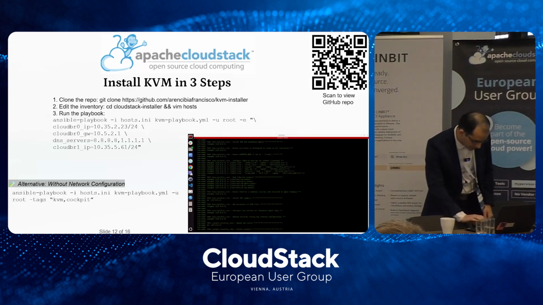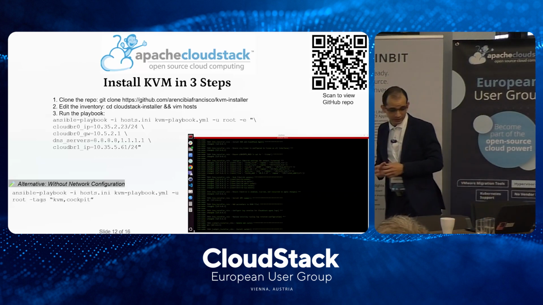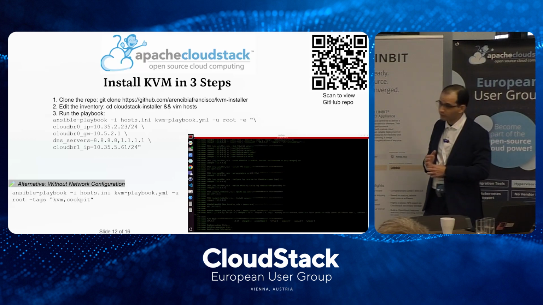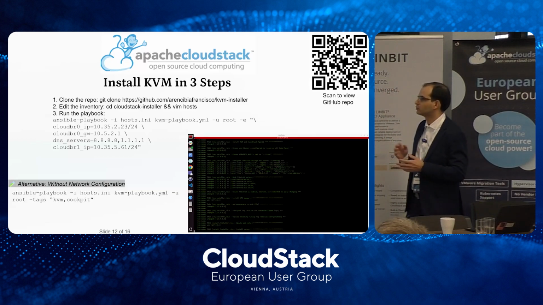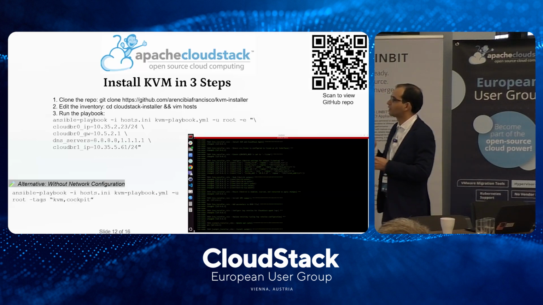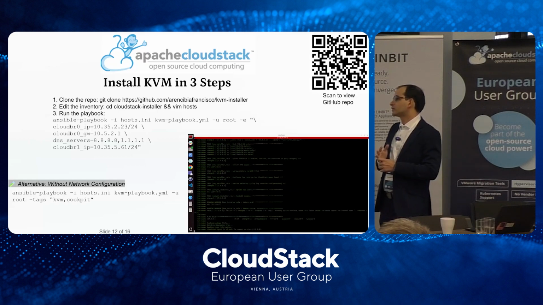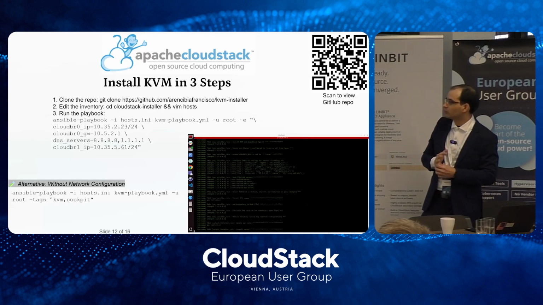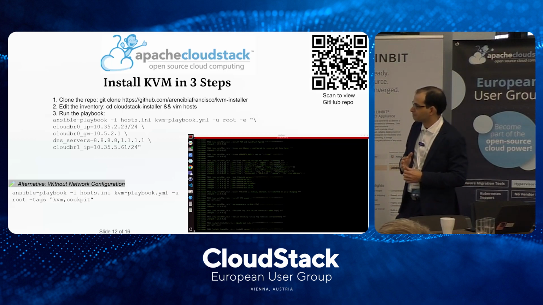Now, KVM. Let's go with KVM. Again, we have a repo. You can scan it and take a look at it. All the repos have their own README, so you can learn how to use it. But basically, we are just defining, again, the IP of the host, cloudbr0 gateway, IP address, DNS server, and cloudbr1 IP.